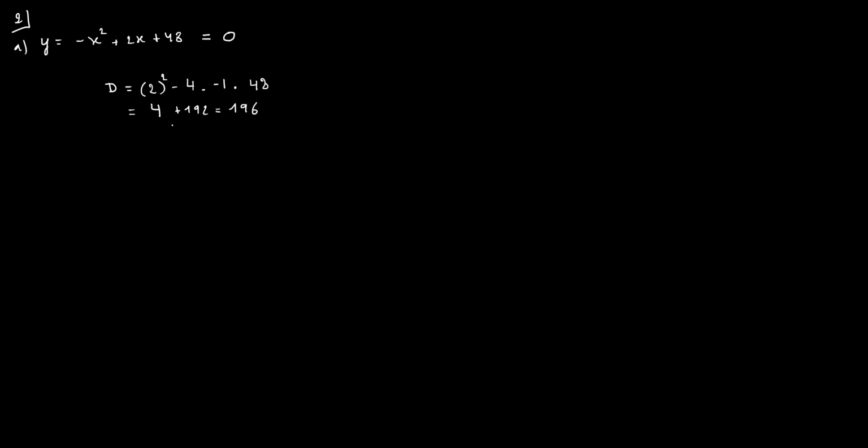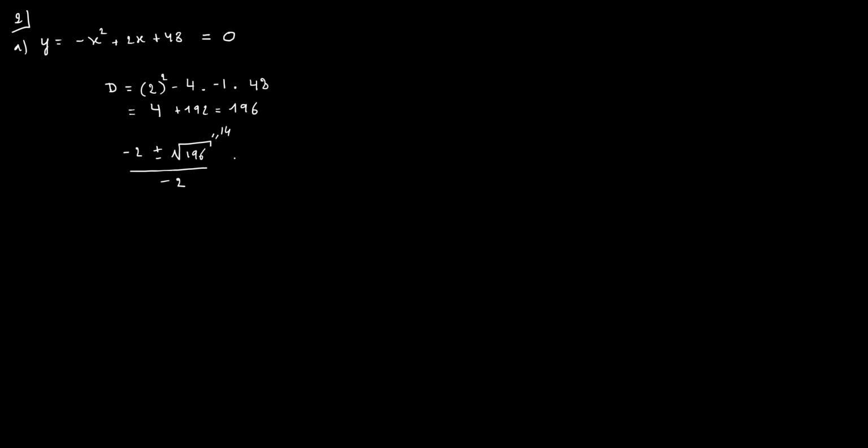So that's our discriminant. Then we can say plus minus the square root of 196, which just happens to be very conveniently 14. Nice, neat natural number. And then the negative sign of b, so minus 2 over minus 2.